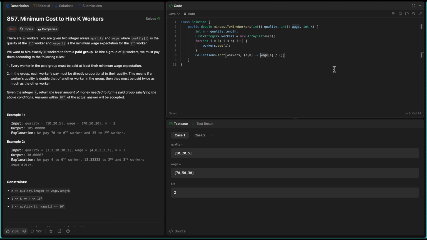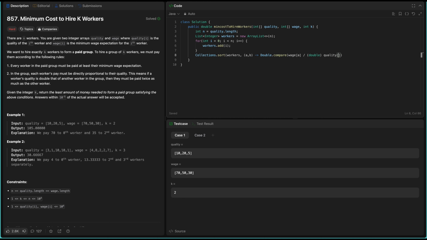I actually have to pass double dot compare, because we are doing two things, right? We are comparing wage of worker A with wage of worker B. Because they are integers, I have to do this conversion, and I have to say quality just to get the unit price, right?